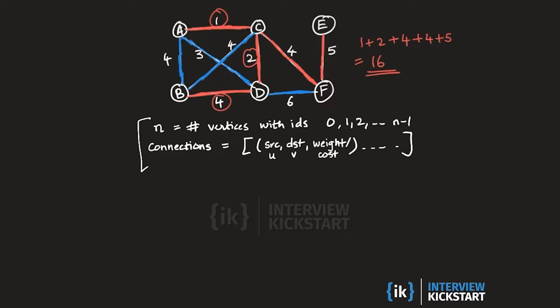Now you might have guessed that this repetitive process of taking the next higher weight edge, trying to add it in, and seeing if it creates a cycle. If it doesn't create a cycle, add it in, otherwise we drop that edge and continue on.